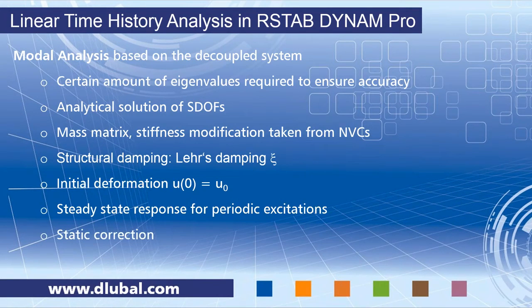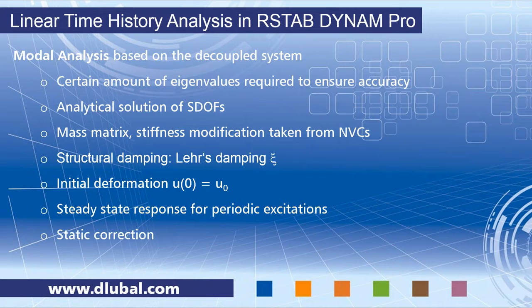And the modal analysis offers a static correction. This means that in case there are any missing masses due to not calculated eigenvalues, DYNAM Pro is able to add those in a pseudostatic way. This is recommended for structures with high frequencies beyond the rigid frequencies, because for such frequencies, only the steady state response is expected and added to the dynamic analysis.